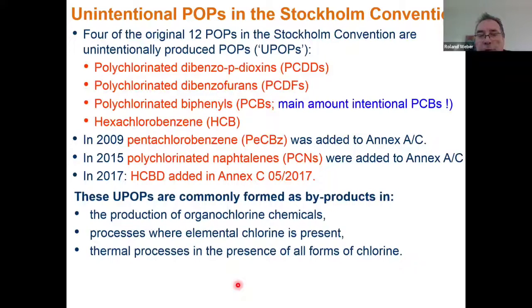What all these unintentional POPs groups have in common is that they are produced in the production of organochlorine chemicals, that they can be produced in processes where elemental chlorine is present, and also in thermal processes like incineration or metal industries where all forms of chlorine can be present.